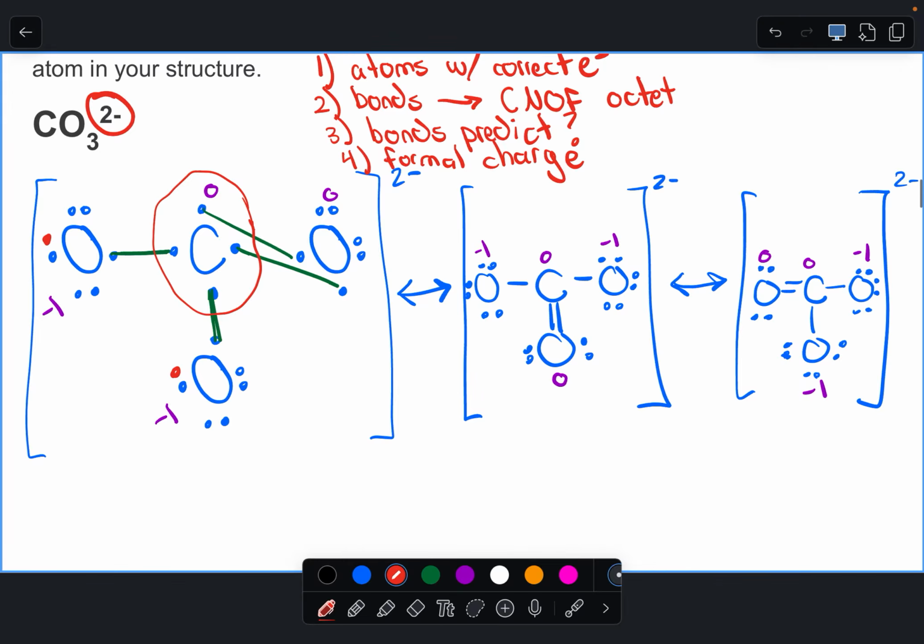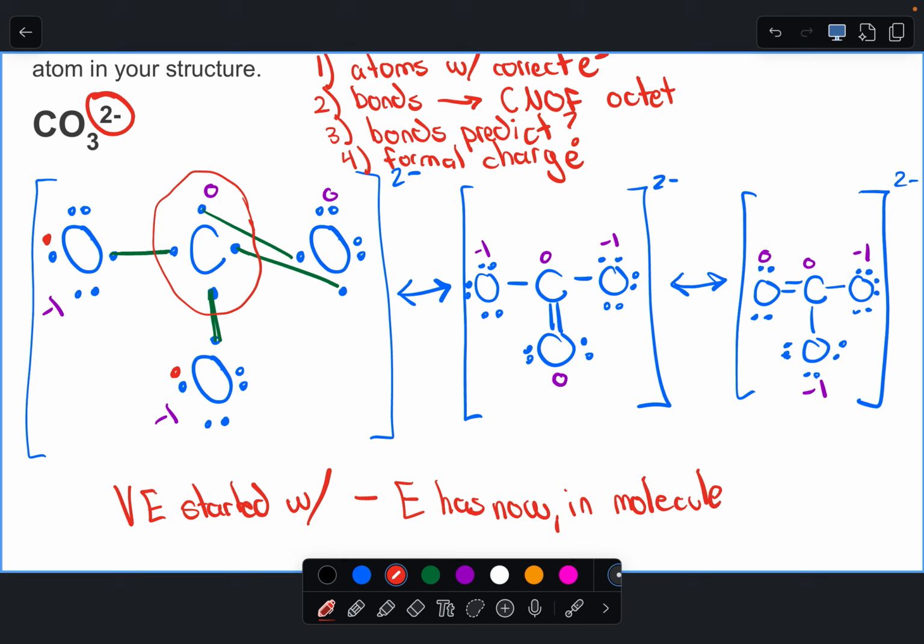And we're going to take the number of valence electrons that it started with, so 4 in the case of carbon, and we're going to subtract the electrons that it has now in this molecule. And by has, I mean immediately surrounding it. So it started with 4, it ended with 4, that's why it's a 0 formal charge.